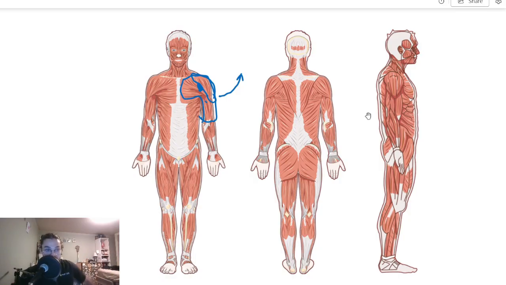So abduction is bringing something away from the midline of your body, and then adduction is going towards the midline of your body. So this is actually a good segue into what we need to talk about next, and that is separating the body into different orientations and planes, and describing locations on the body.